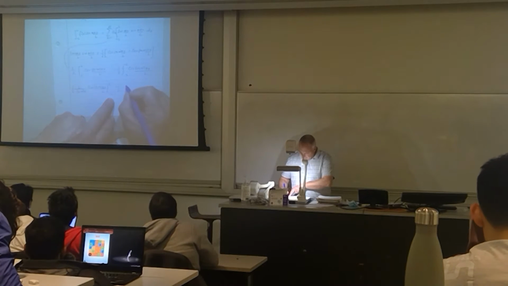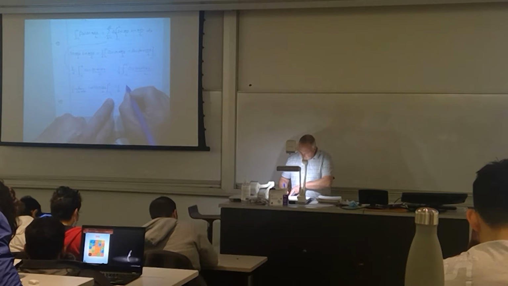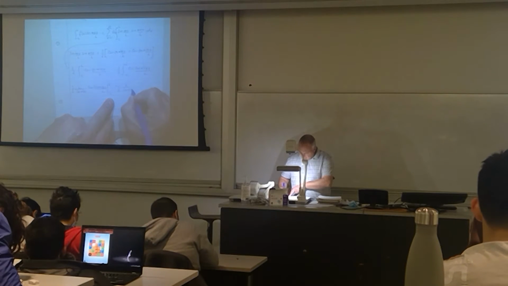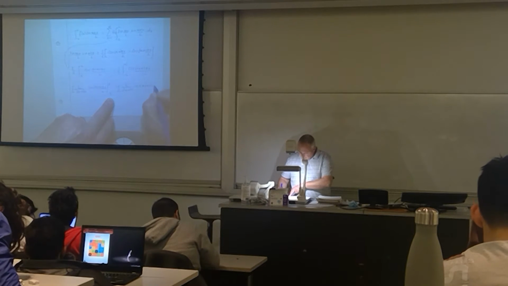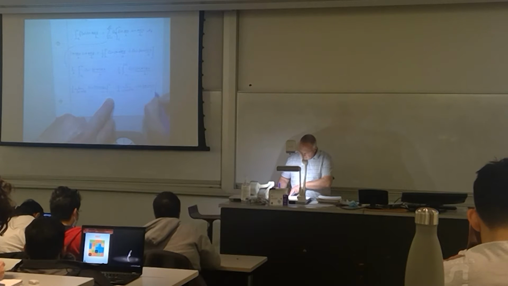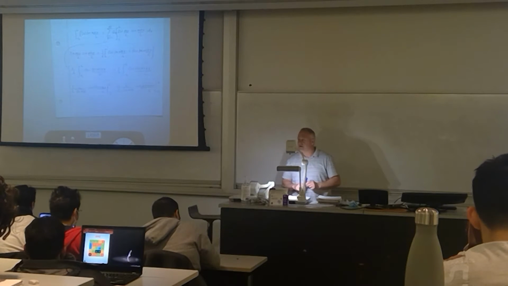And then it's the same thing, but it's got n plus m, so it's L over (n plus m) pi sine (n plus m) pi x over L, evaluated from minus L to L.